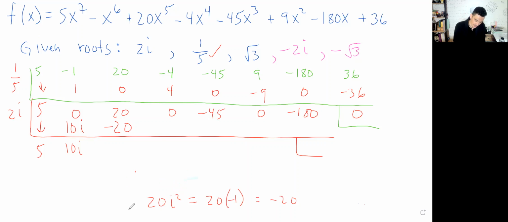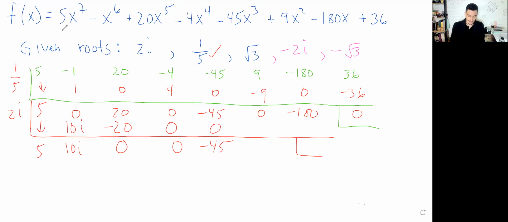That would give us -20. Let me take off the scratch work. And so this tells us that this is 0. And then multiplication, 0 times 2i is 0. 0, 0, -45. And then -45 times positive 2i is -90i.